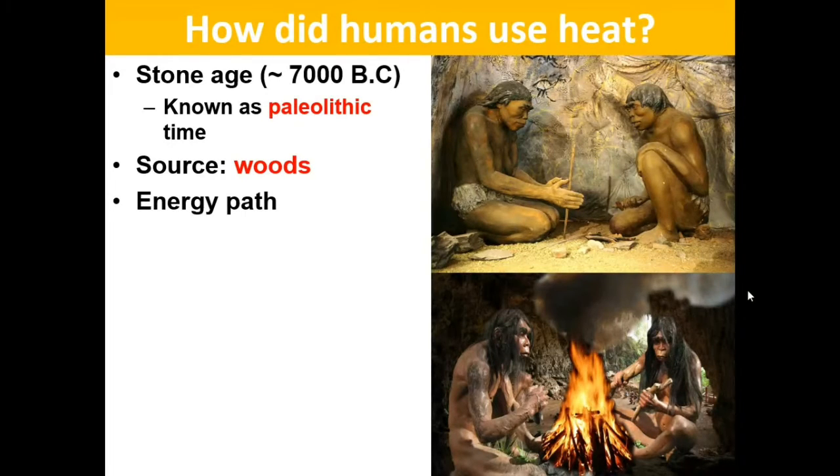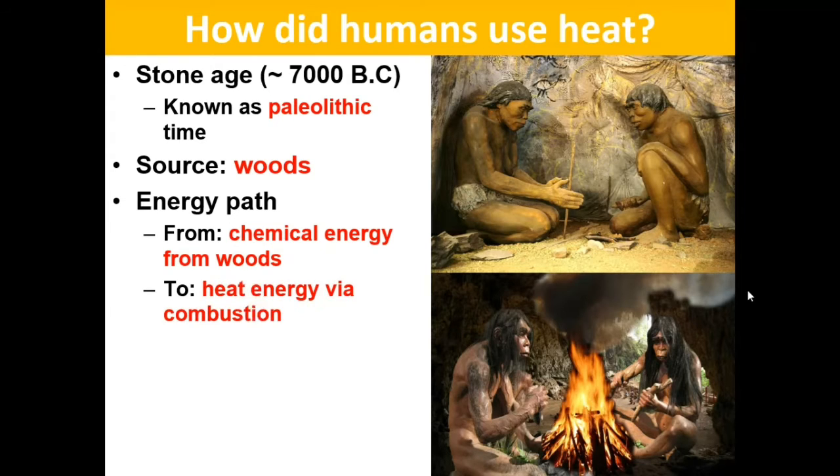The energy path to bring out this heat is, first of all, chemical energy from the wood as the source of energy, because we're burning carbon and chemicals that have potential energy. And second, where does that energy turn into? It turns into heat energy via combustion.